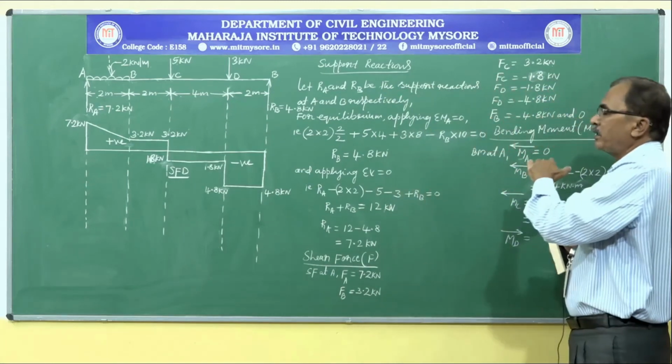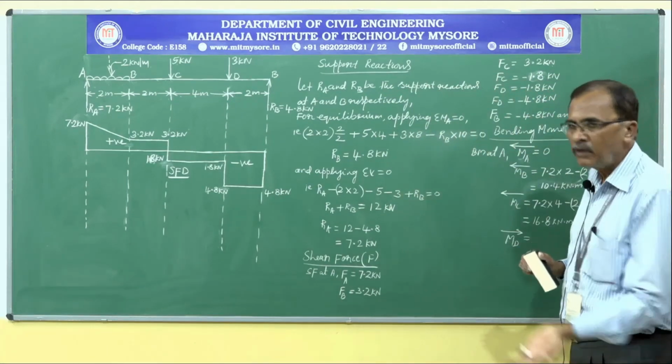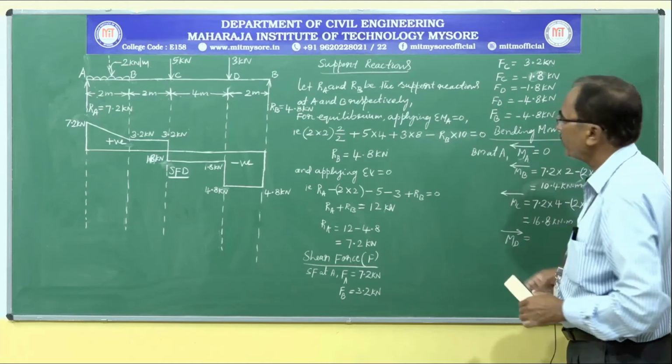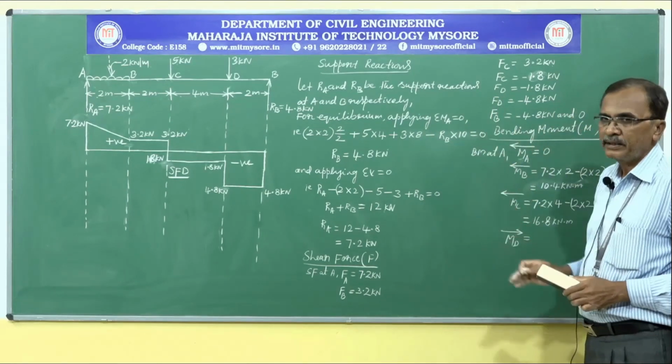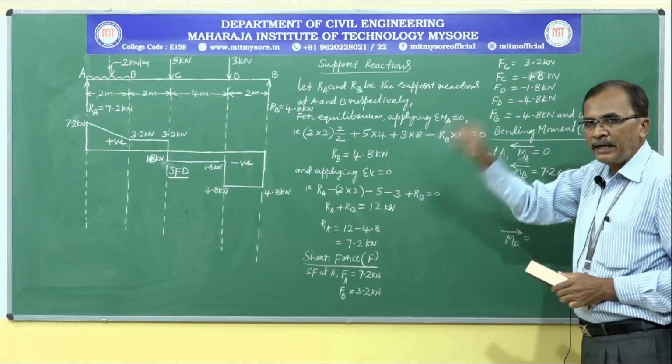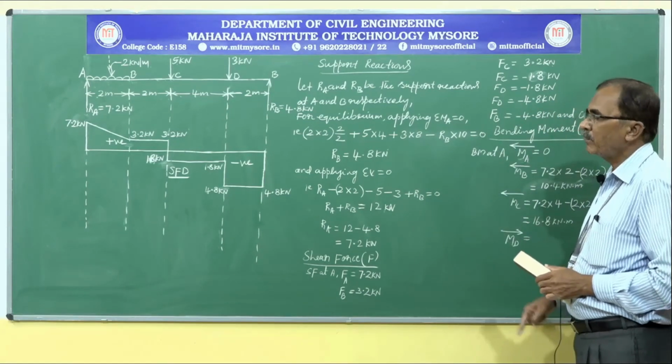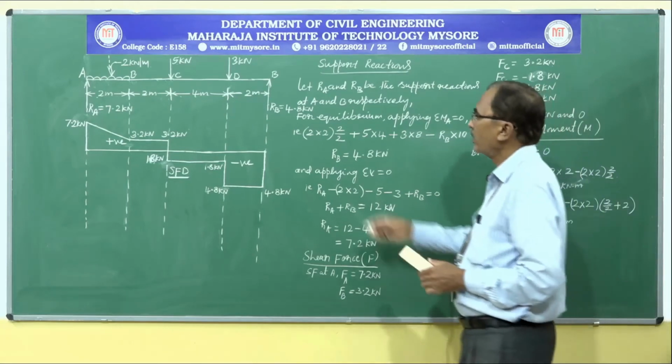The values obtained by considering forces to the left hand side or to the right hand side will be the same. When we consider force or load to calculate bending moment at a point, anti-clockwise will be positive and clockwise will be negative.